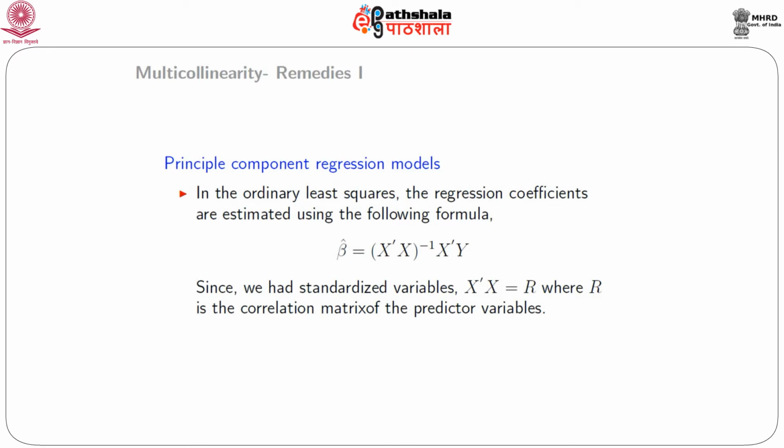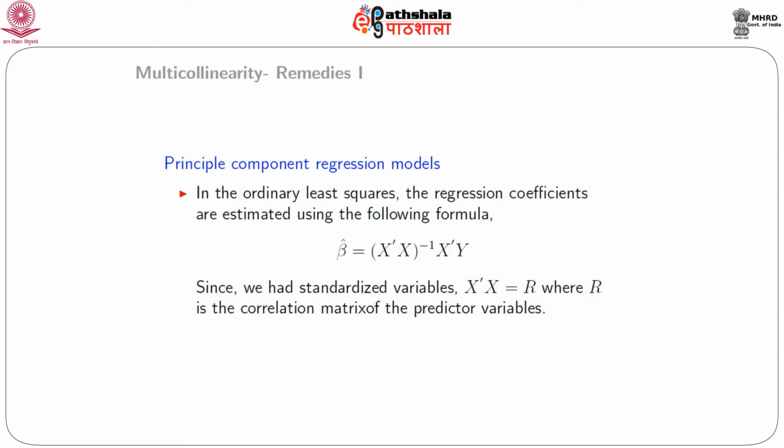In ordinary least squares estimation, we had seen that the regression coefficients are estimated using the formula beta hat equals (x prime x) inverse x prime y. Since we have standardized variables, x prime x equals R, where R is the correlation matrix of the predictor variables. If you remember, the correlation coefficient is given by the covariance between two variables divided by the standard deviations of the two variables.